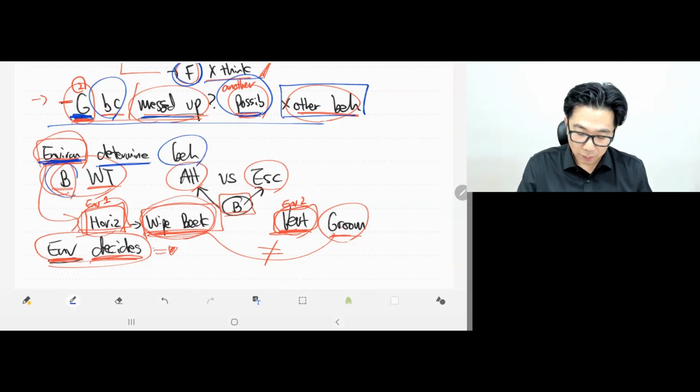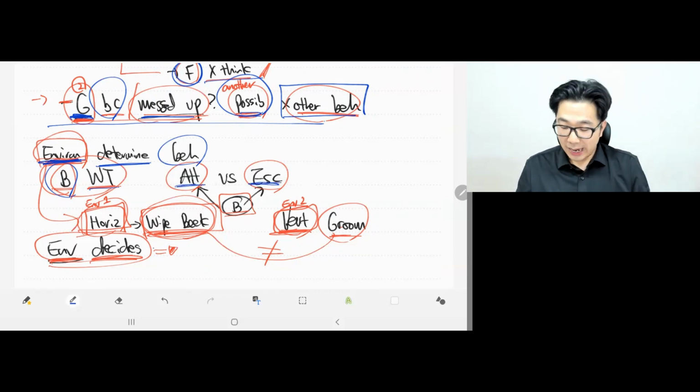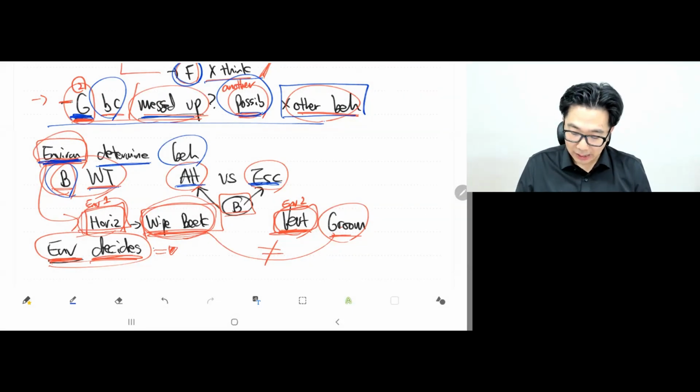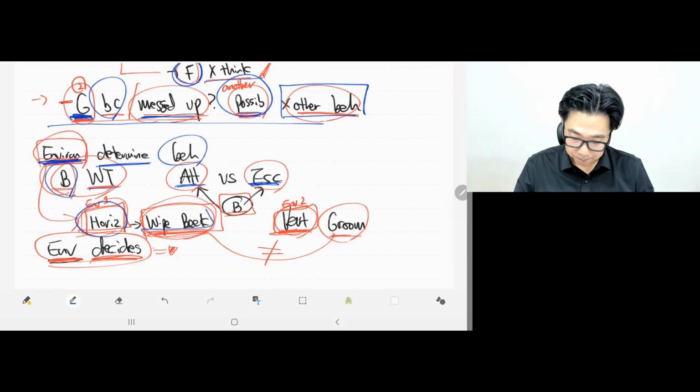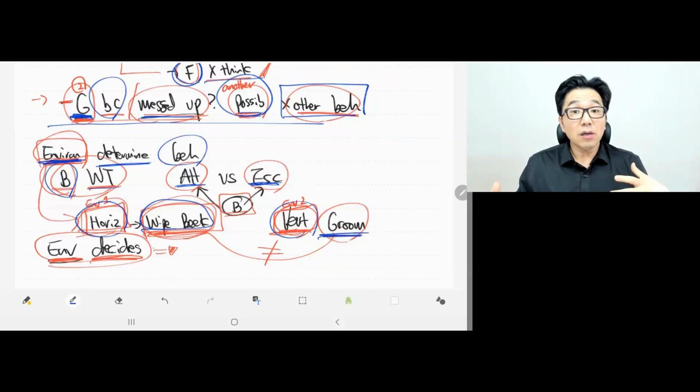For example, this bird, the wood thrush, when the bird is in two conflicting drives of attacking the enemy or escaping from the enemy, if the bird is on a horizontal branch, the bird wipes its beak, but when the bird is on a vertical branch, the bird actually grooms himself.